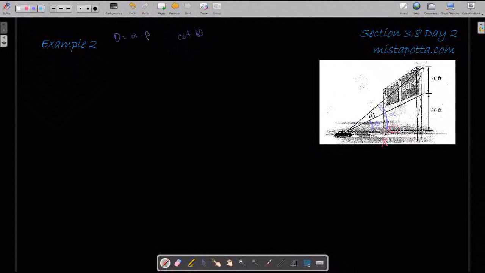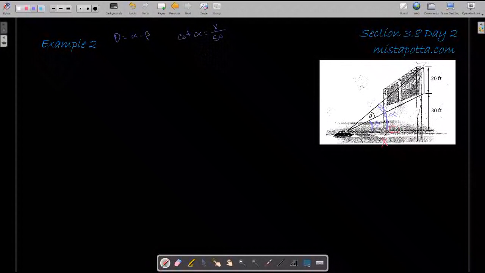So the cotangent of alpha would be equal to x over 50. So now I can really think of that as just being kind of a 1/50th of x. The 50 is now just a coefficient instead of dealing with a full-blown fraction.